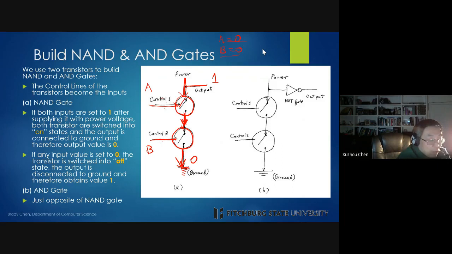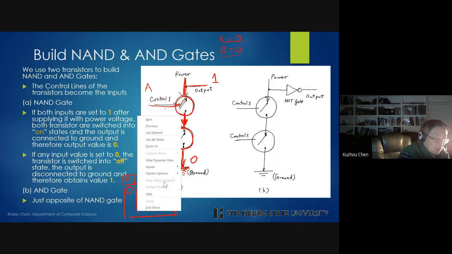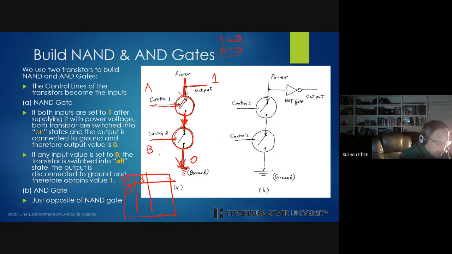So if I want to build a table like this, the table is going to look like this. Here's A, B. If A is disconnected, the NAND gate is always going to be 1. If B is disconnected, it's a 1. If both A and B are disconnected, it's always 1.